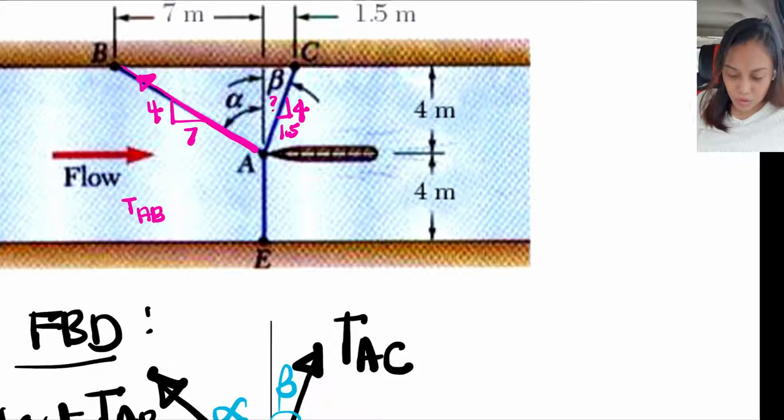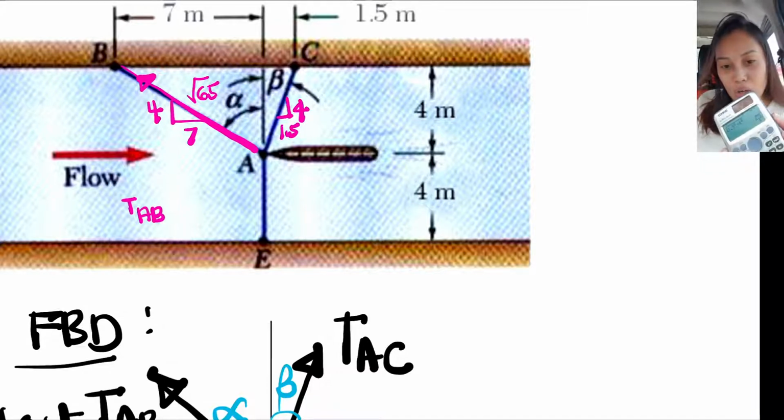For the other slope, the square root of 1.5 squared plus 4 squared is the square root of 73 over 2, which is 4.272. You can use these.